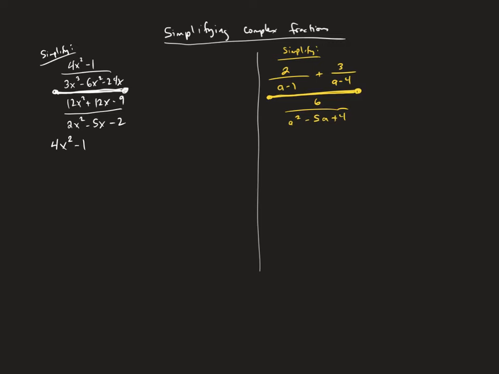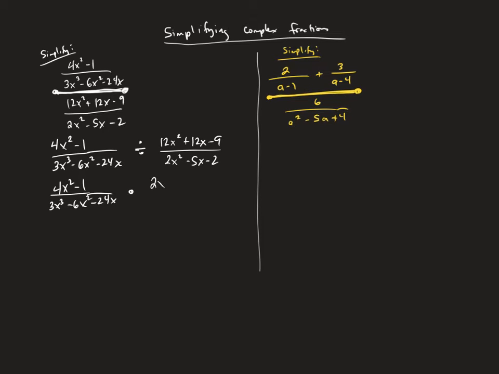Actually, I think I'll start by rewriting it as the division problem it is, so it looks more like what we did before. Then I can do the same switch flip. Switch the division to a multiplication, flip the second fraction.